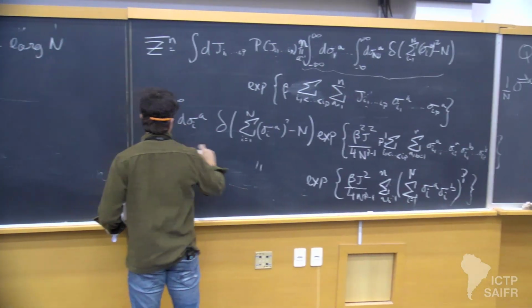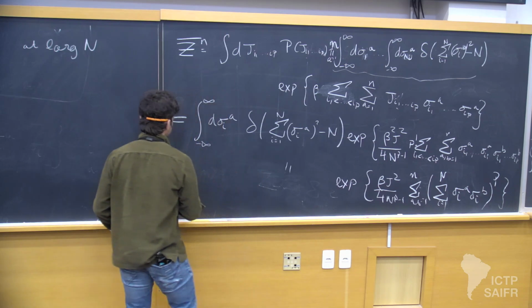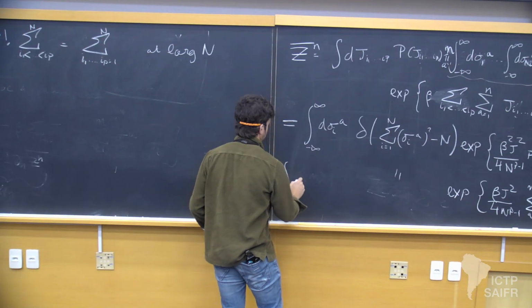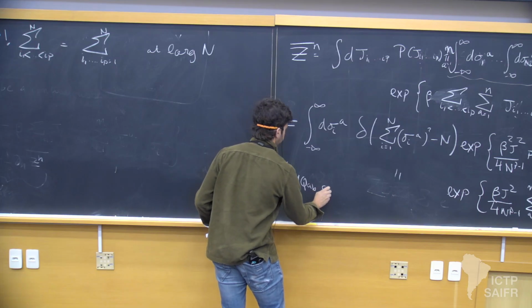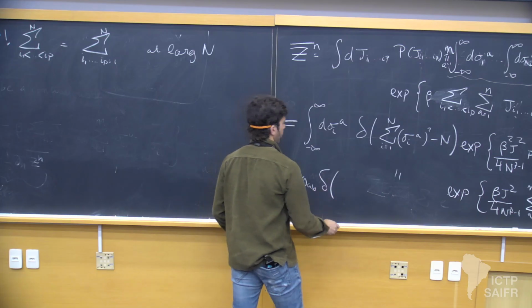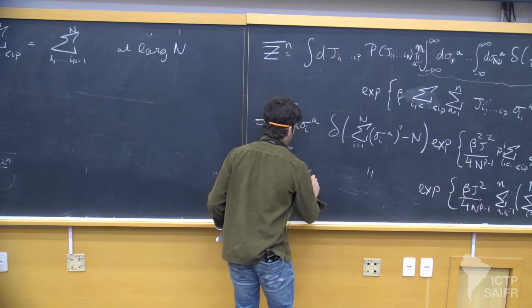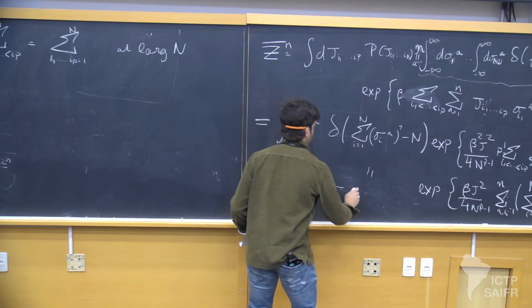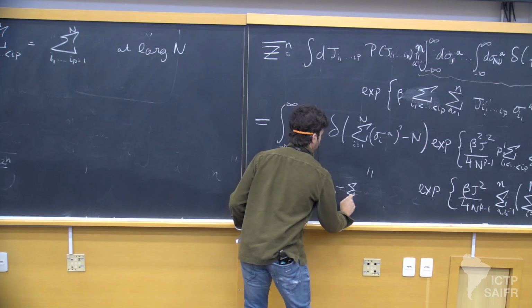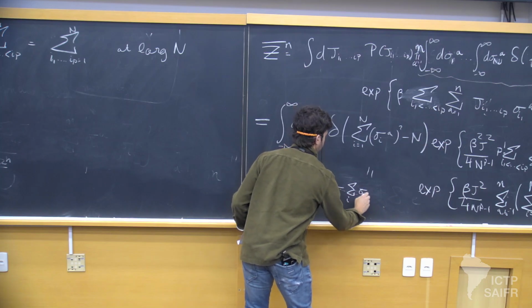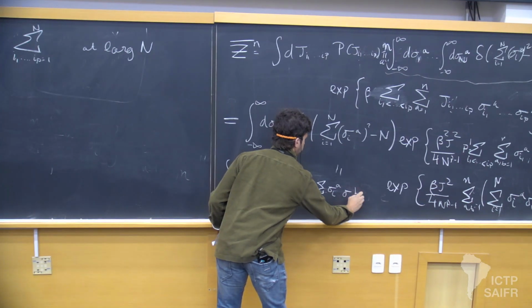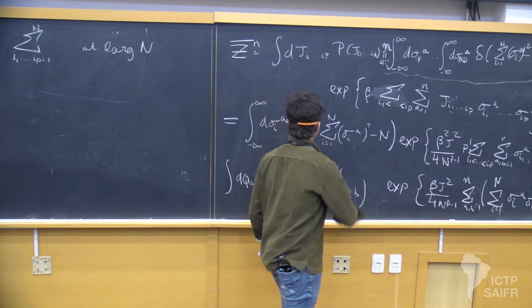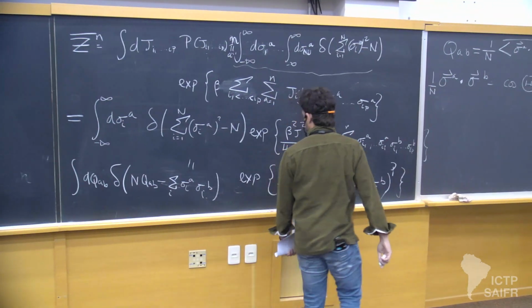So I have this integral over all the spins. I'm also going to insert an integral over Q_AB, delta of n Q_AB minus sum over i sigma_i^A sigma_i^B. And then there are still these integrals over all the sigmas.